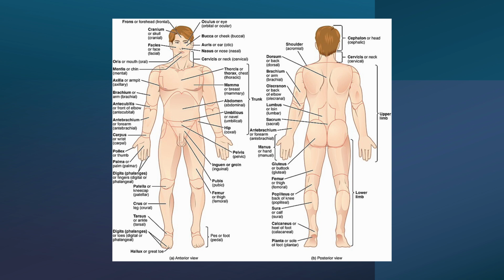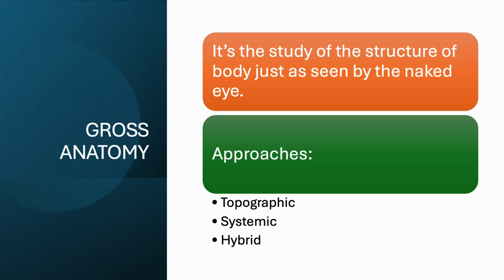In gross anatomy, of course, we need to know every structure of the body. We can do it topographically, that is by region: the head, neck, thorax, abdomen, and limbs, that is lower and upper limbs.